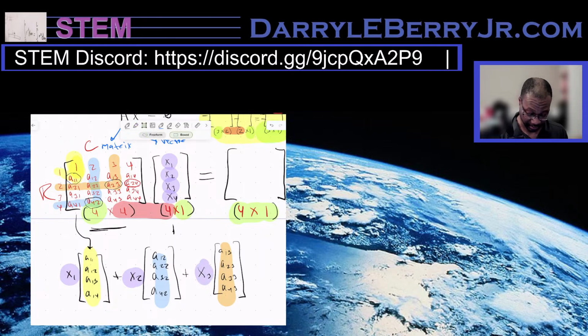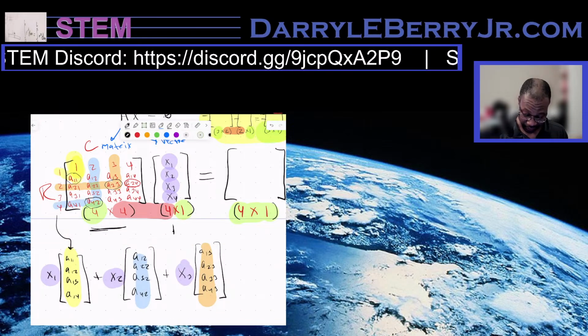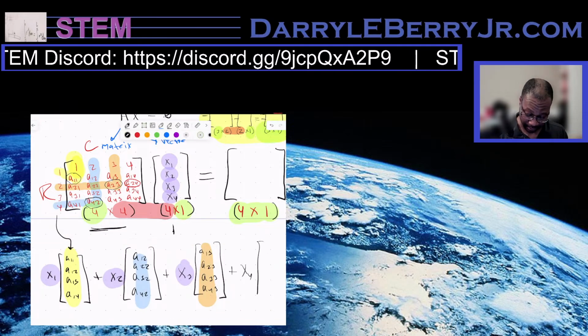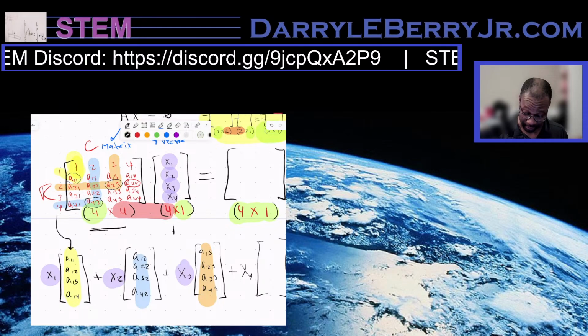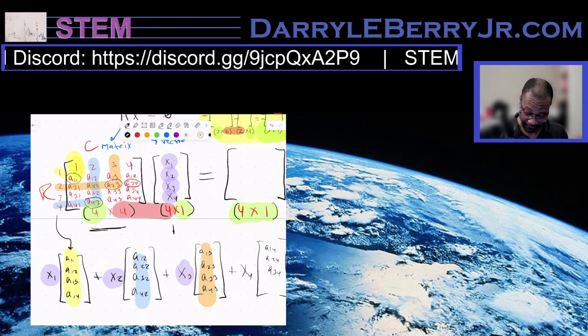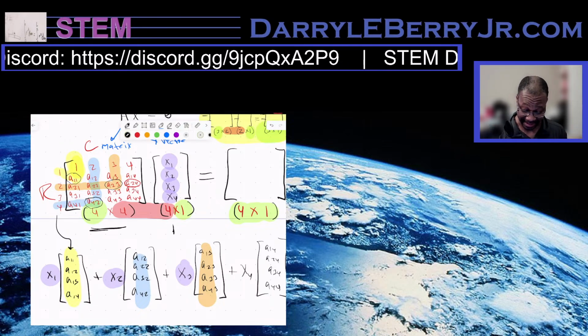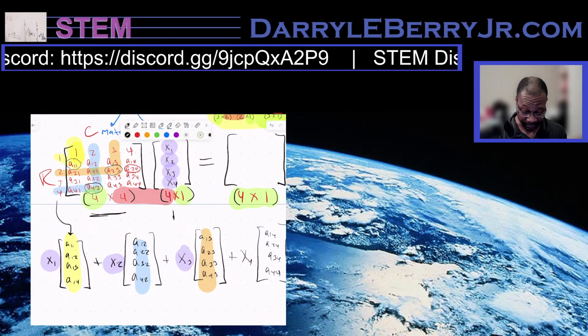Let me move this over a bit. And then we have the last one, x4. So then, of course, that's going to be A14, A24, A34, A44. And that's basically how you multiply that vector by the matrix.